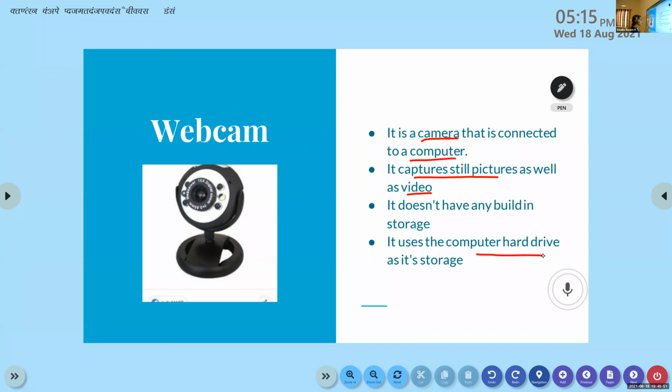It uses the computer hard drive as its storage. This is all about our input device or input unit.